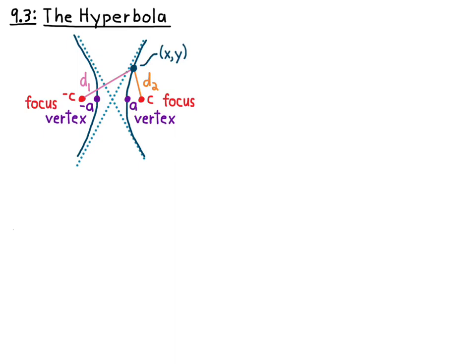The hyperbola has two vertices, just like the ellipse, at A and minus A. Foci, I'm going to call C and minus C here.